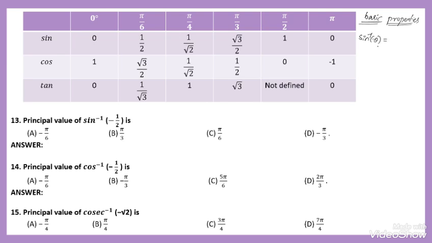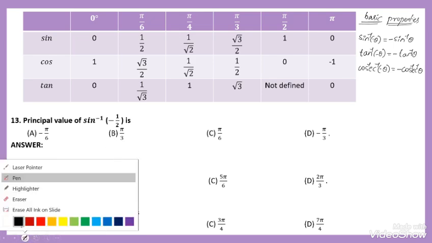Sine inverse of minus theta is equal to minus sine inverse of theta. Tan inverse of minus theta is equal to minus tan inverse of theta. Cosec inverse of minus theta is equal to minus cosec inverse of theta.